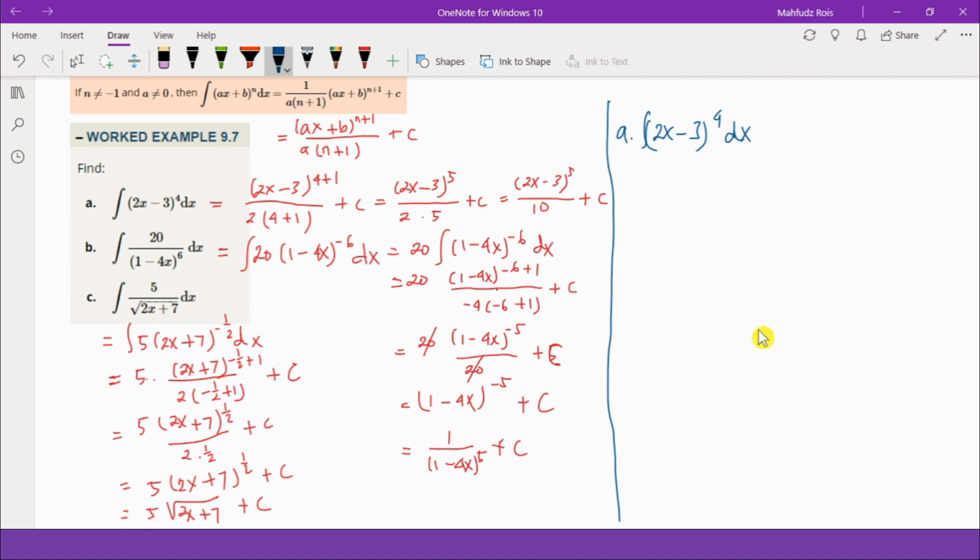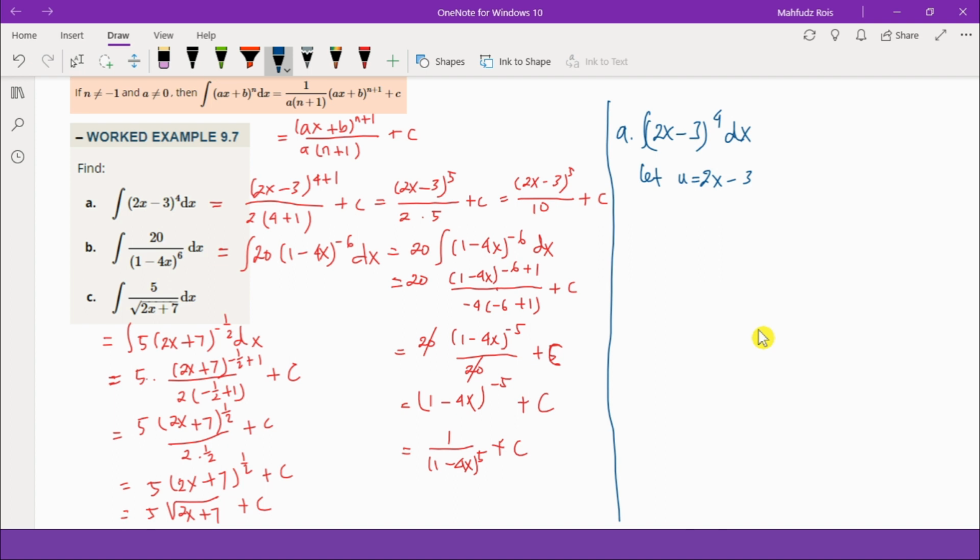In substitution you need to substitute by a letter, commonly using u. So let u equal 2x minus 3.